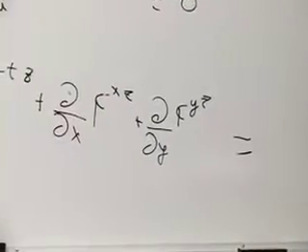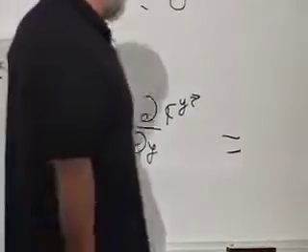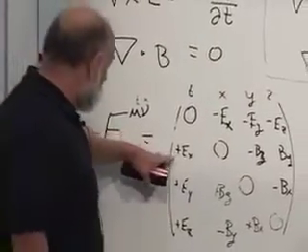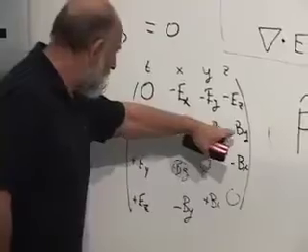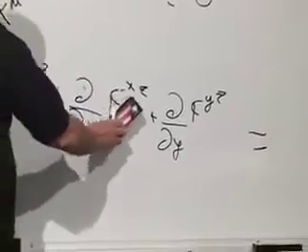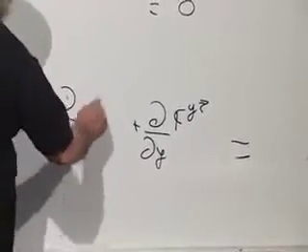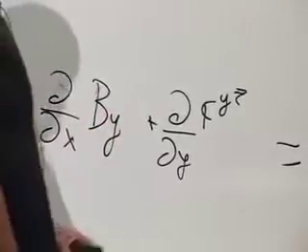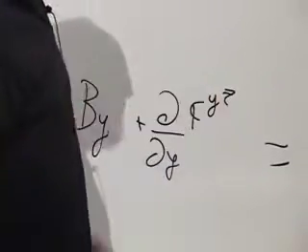And what is F xz? Well, to see what F xz is, we go to the x row and the z column. That's B y. So let's just plug it in. What is F yz?